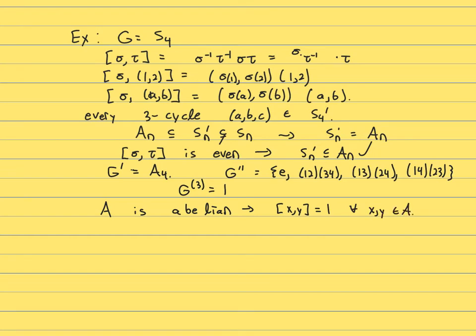So we see we get this chain of subgroups, each whose quotients are abelian groups. A4 mod V is an abelian group, S4 mod A4 is an abelian group.